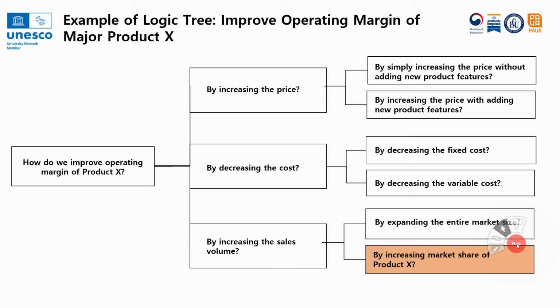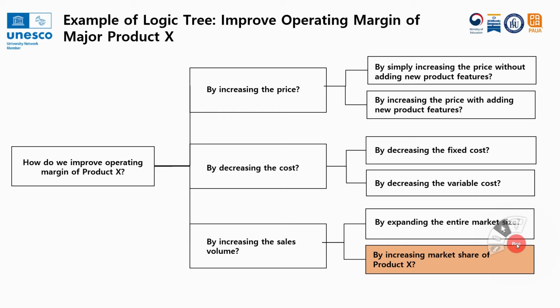If we increase the market size from 1 trillion to 3 trillion, even though the existing players' market share is the same, each of the players may enjoy the increased volume of the market size.